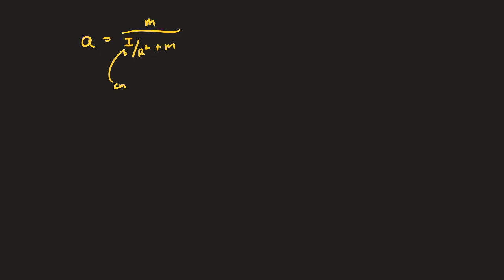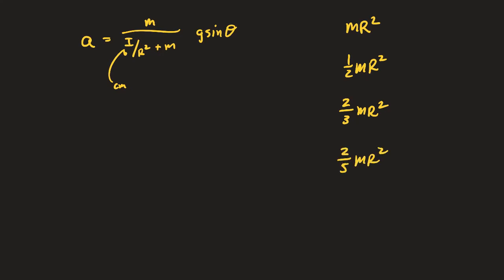It's likely got r squared in it. And it's all times g sine theta, right? If we think of everything that rolls, a hoop, mr squared, a disc, 1/2 mr squared, a hollow ball, 2/3 mr squared, a solid ball, 2/5 mr squared. Everything that could possibly roll.